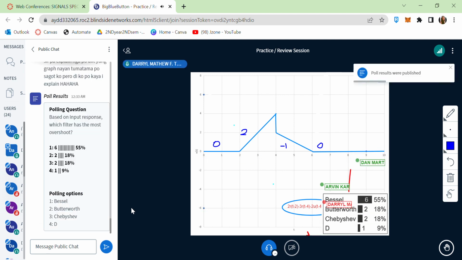I'll have to publish the results now. Medyo concerning yung naging responses nyo. Remember, pagdating sa step response natin, Bessel yung halos walang overshoot based sa mga graphs. Ang hindi ko lang matandaan what particular lecture that was. Yung Chebyshev, yung grabe mag-overshoot. Yung Bessel, yung hindi grabe mag-overshoot.